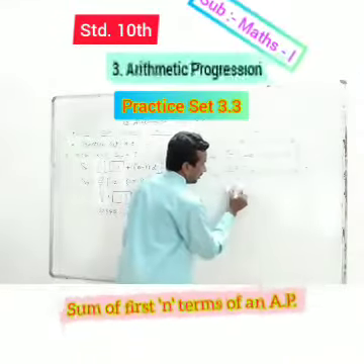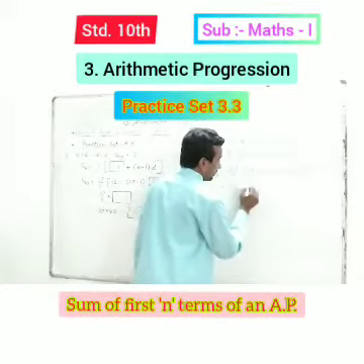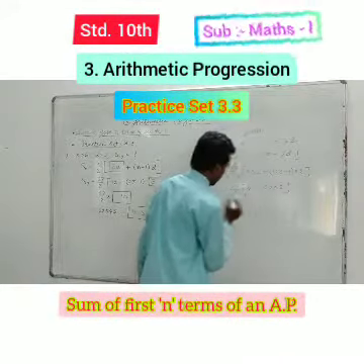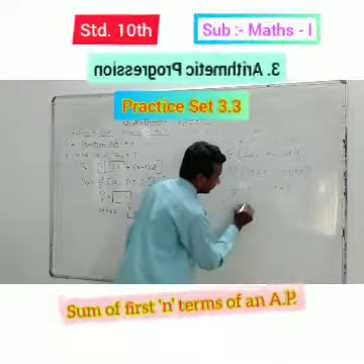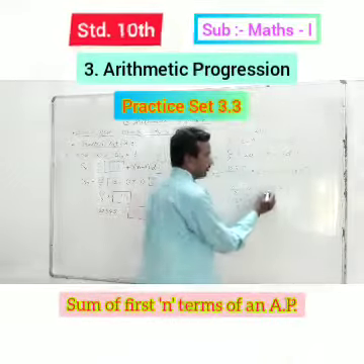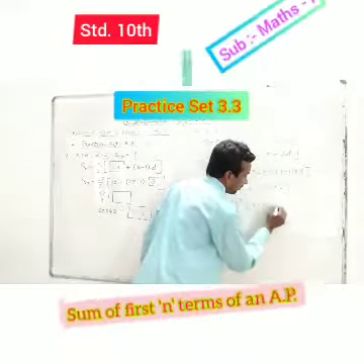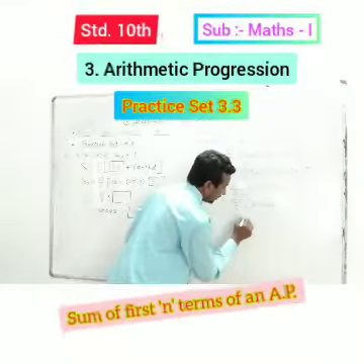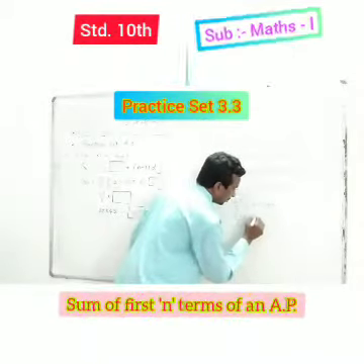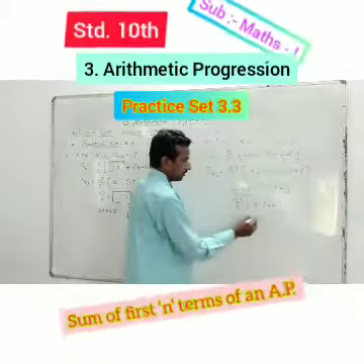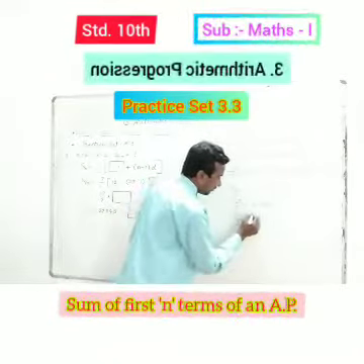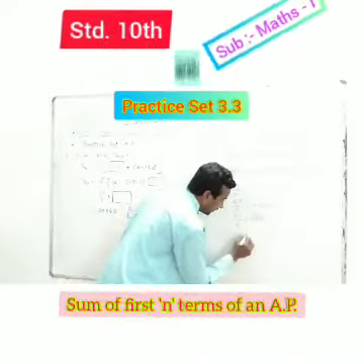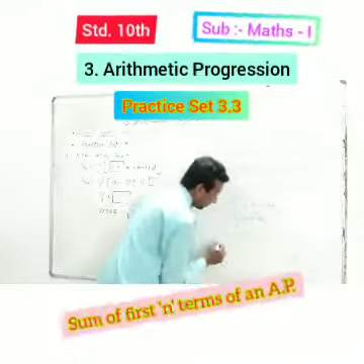Now 123 upon 2 into 2 2s are 4, 123 minus 1 is 122 into 2. Then we get 123 upon 2 into 4 plus 122 into 2 is 244. Multiply. Then 4 plus 244 is 248. Divide 248 by 2, we get 124. Means 123 into 124.